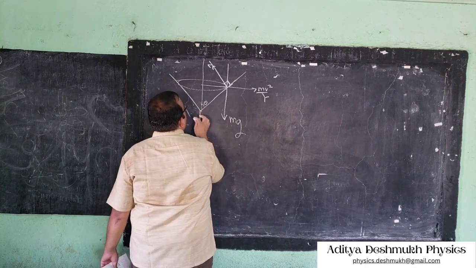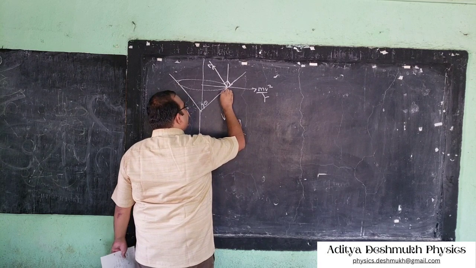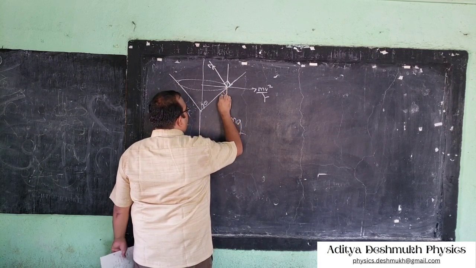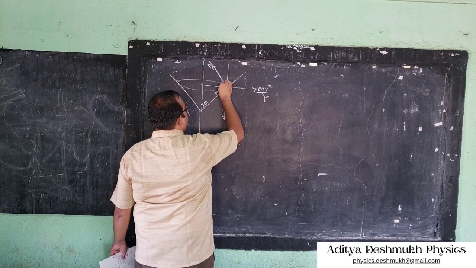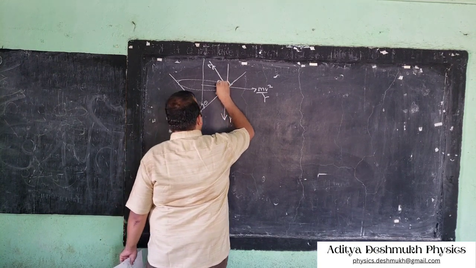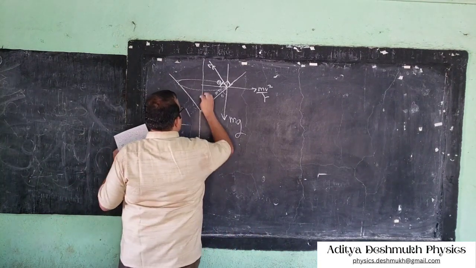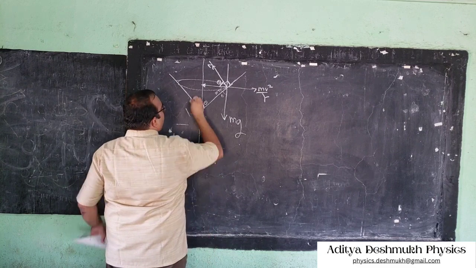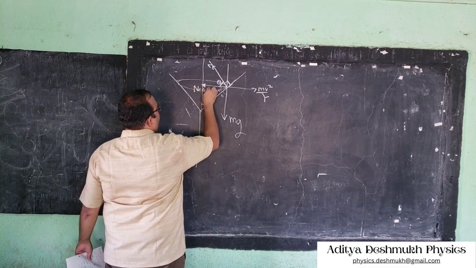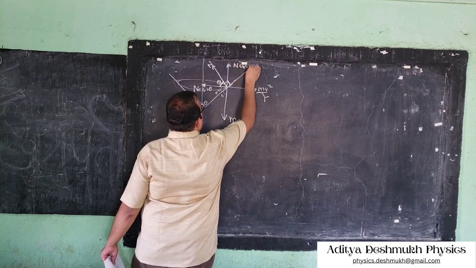If this angle is theta, then this angle will be 90 minus theta, and this angle will be theta. So I made a mistake there. I'm really sorry, I got confused. So this will be N cos theta, and this component will be N sin theta.